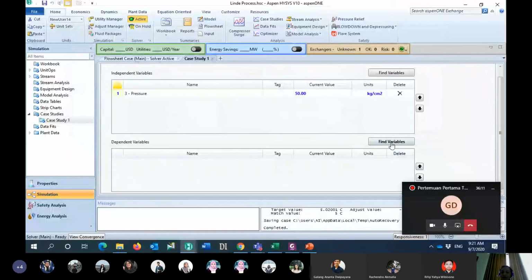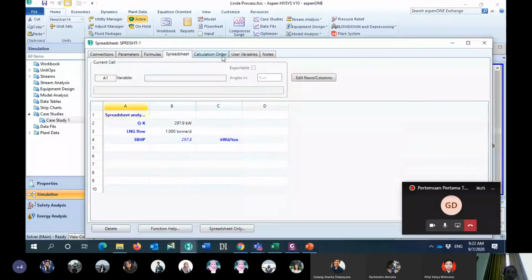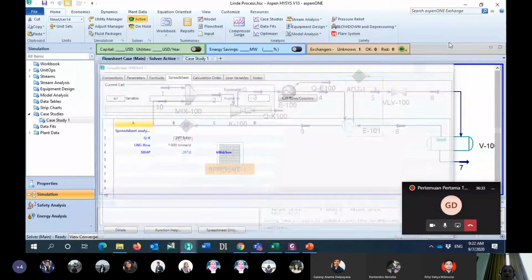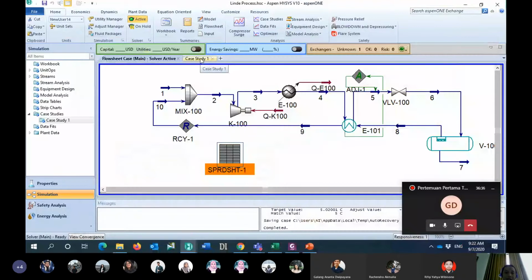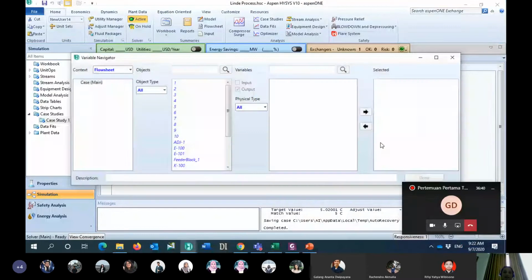And then for the dependent variable, I will select the HPHP value. We have to check first in the spreadsheet in which cell the HPHP value is located, which is cell B4. I will turn back to the case studies tab, click find variable, and select the spreadsheet, because the calculation of the HPHP is located in spreadsheet number 1.